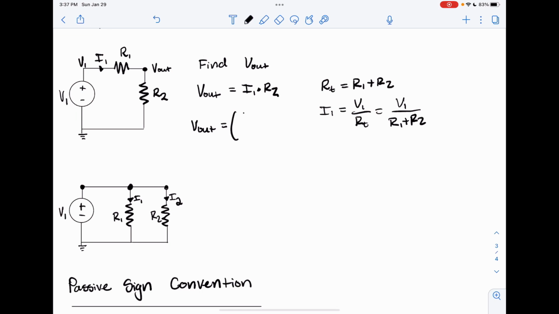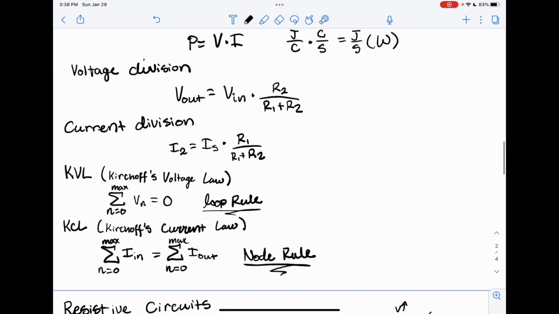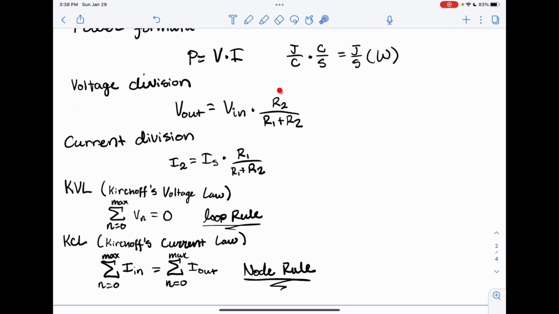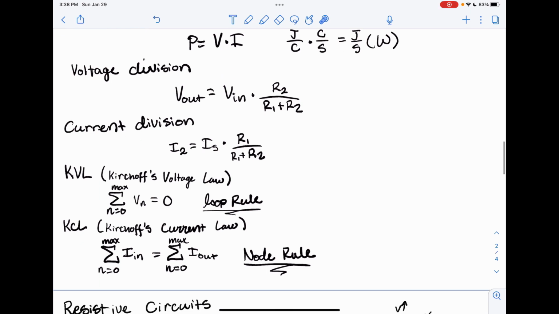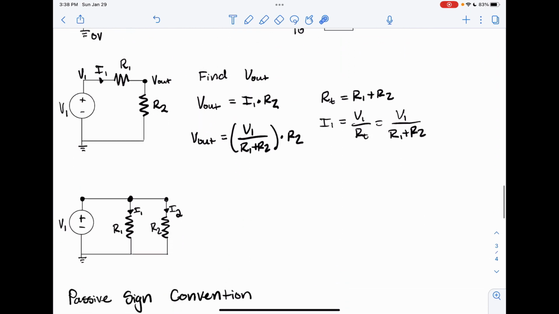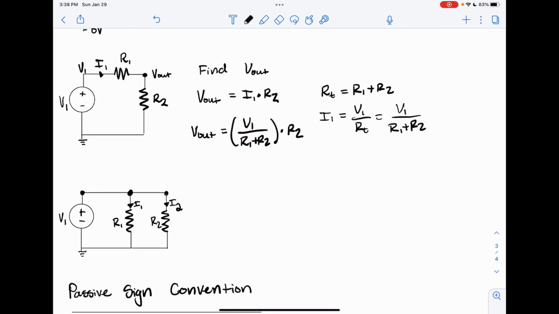So we'll say V1 divided by R1 plus R2, times R2. And boy, does that look a lot like this voltage divider equation that we talked about earlier. That's because this series circuit here is a voltage divider. And this right here is a current divider.